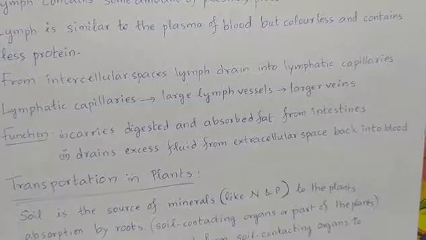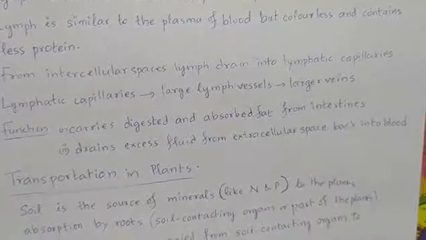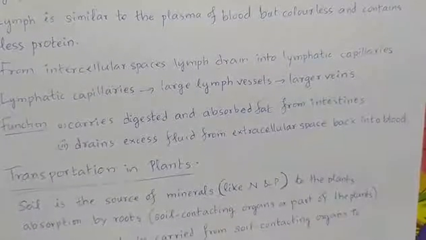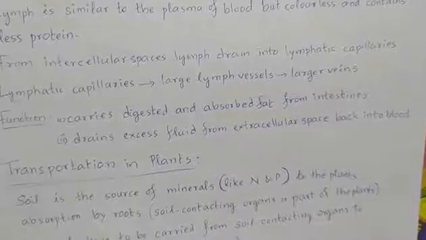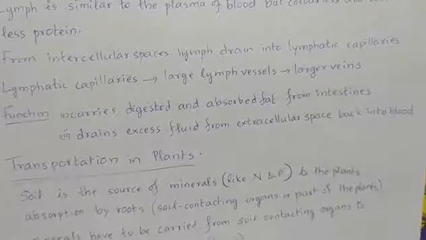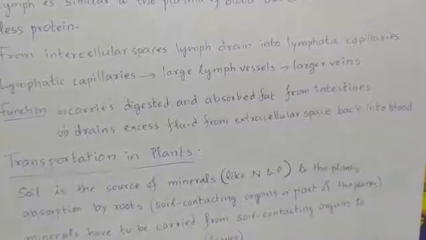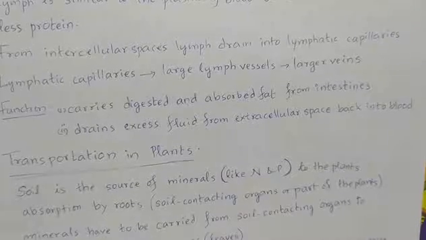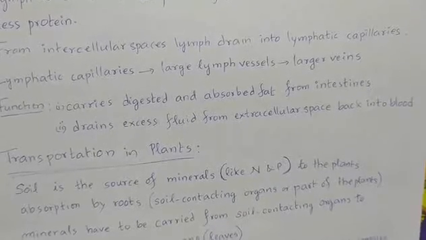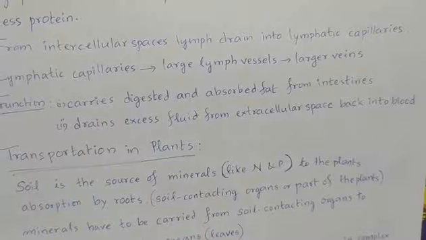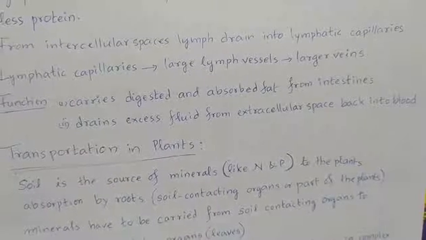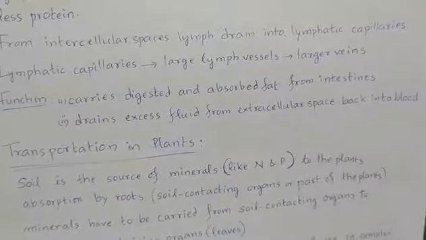From the intercellular spaces, lymph drains into lymphatic capillaries. These lymphatic capillaries merge together and form large lymph vessels, and these large lymph vessels finally drain the lymph into larger veins.